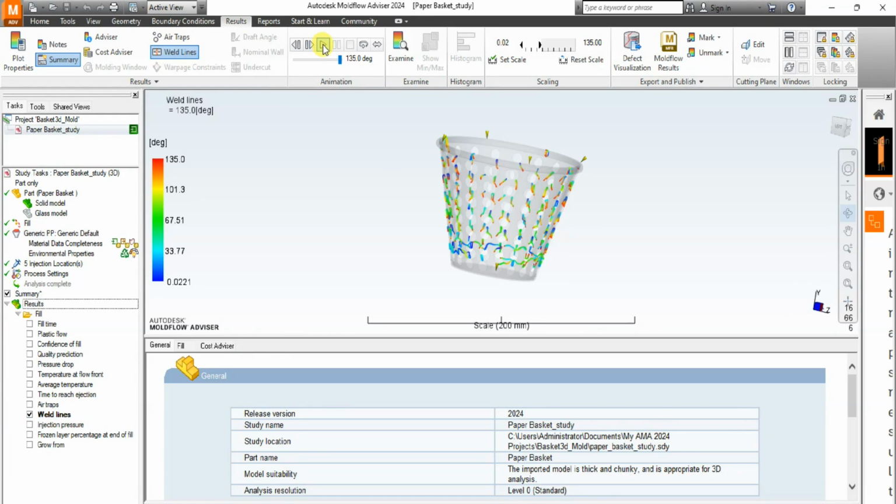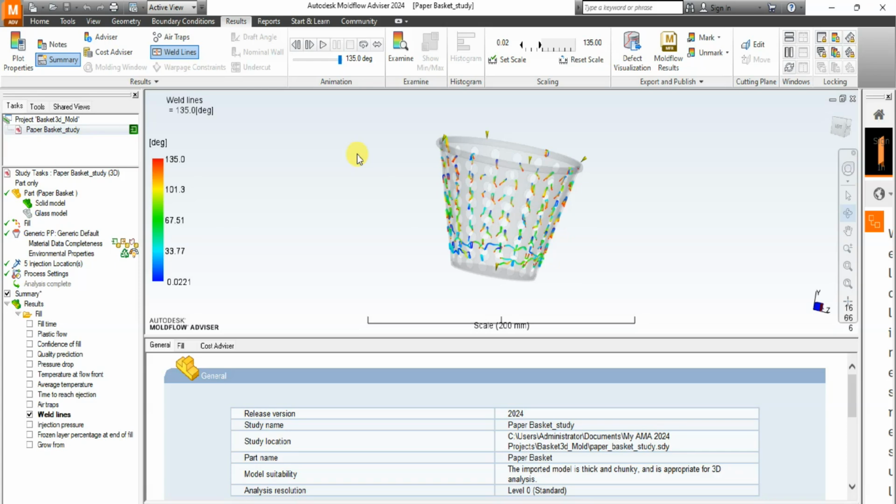Okay, these are the weld lines. Let's run some animation there. You can see the weld lines strategically being placed on the part. Now the weld lines result displays the angle of convergence as two flow fronts meet.